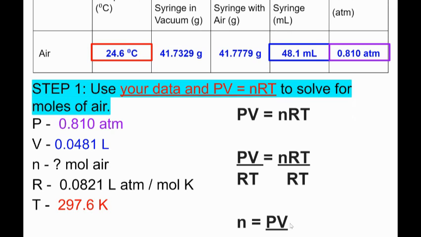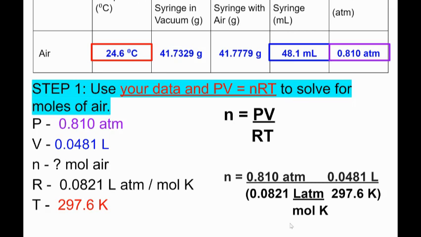All right, we're ready to substitute and solve. Let's substitute our pressure and volume values into the top and our R, universal gas constant, and temperature into the bottom. Now note, we have a fraction within a fraction. So to clear that fraction with our units for R, the universal gas constant, we need to multiply by the reciprocal.